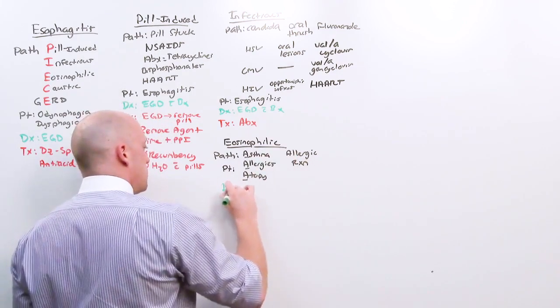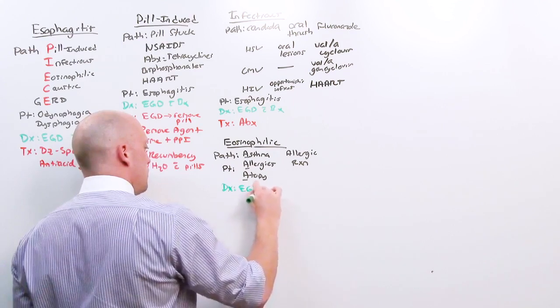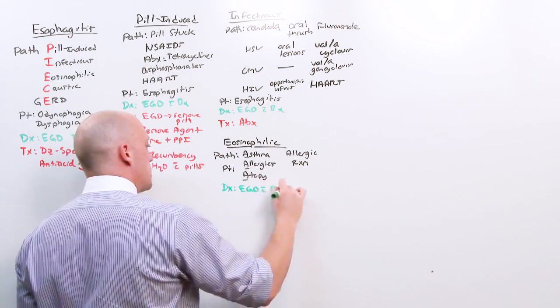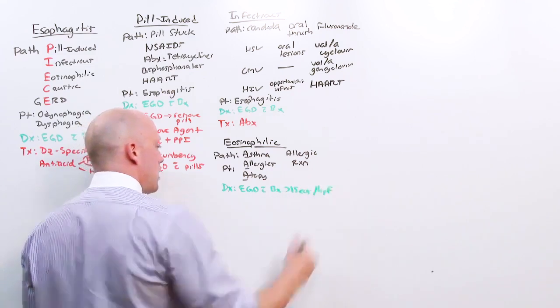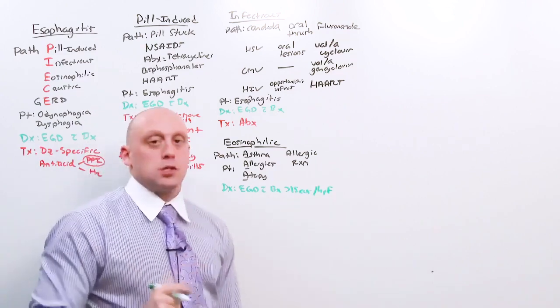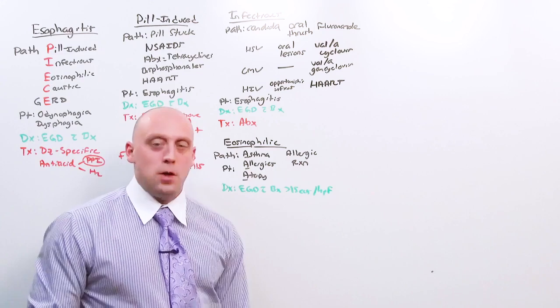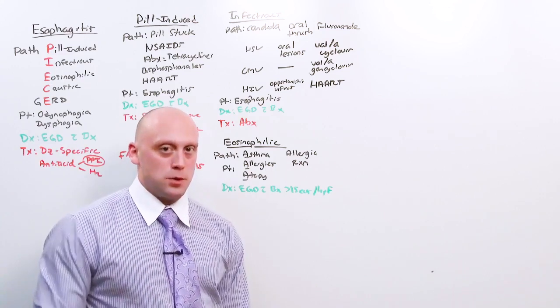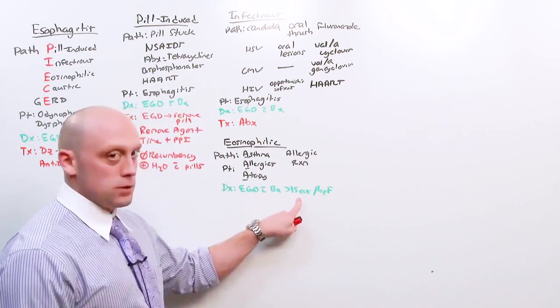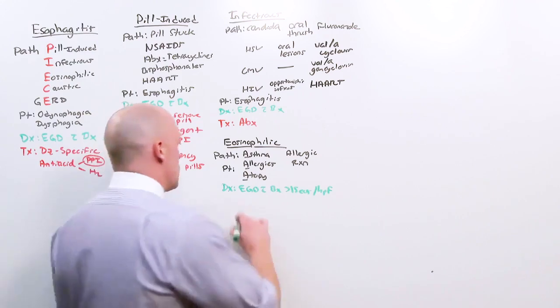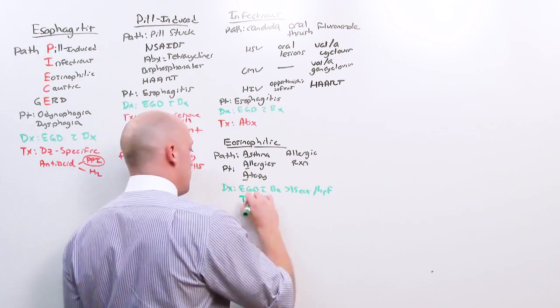The diagnosis is made with EGD and biopsy. What you're going to see is greater than 15 EOs per high-powered field. And this is why this is such a great test question. Because if they have not been on a proton pump inhibitor and you find greater than 15 eosinophils, the answer is to give a PPI.